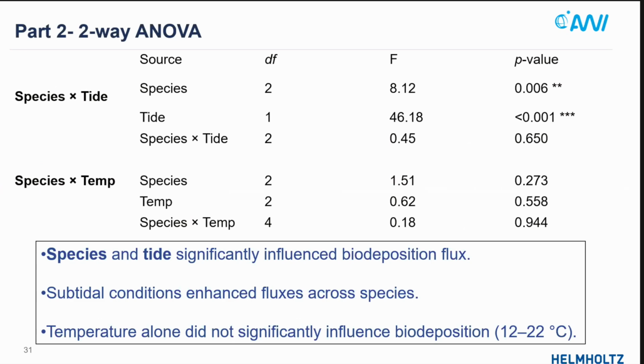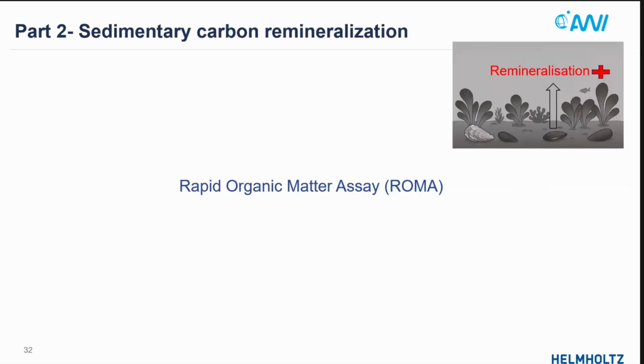But I would say that this experiment was carried out in October, so the amount of food available to the organisms was quite low, less than 2 micromole of chlorophyll per liter. So yeah, this was one drawback.